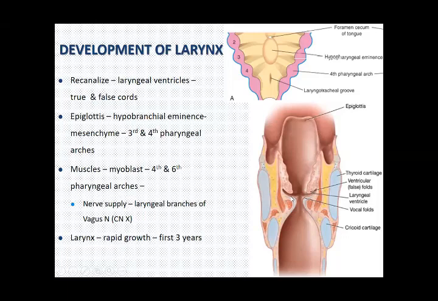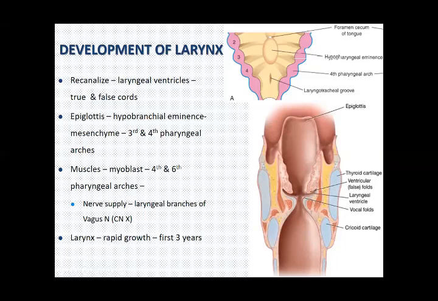Once again, this is the covering of mucous membrane. In between the false vocal cords and true vocal cords, you have a space. This space is called the ventricle of the larynx, the laryngeal ventricle.